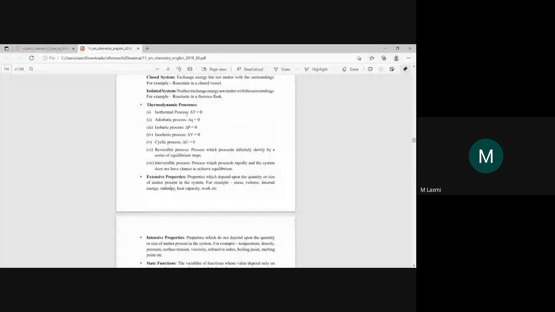So the PV graph is nothing but your Boyle's law. Generally, we remember Boyle's law like this. When price is more, volume is less. Imagine there are two shops, where in one shop the price is more, in the other the price is less. Obviously, where the price is less, the crowd, the volume, will be more.